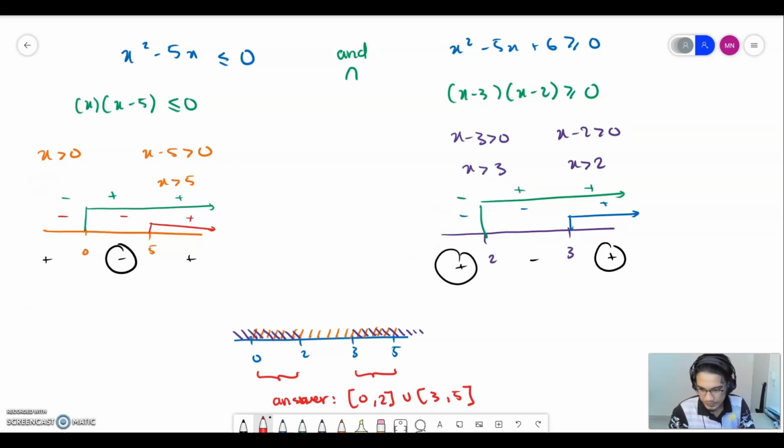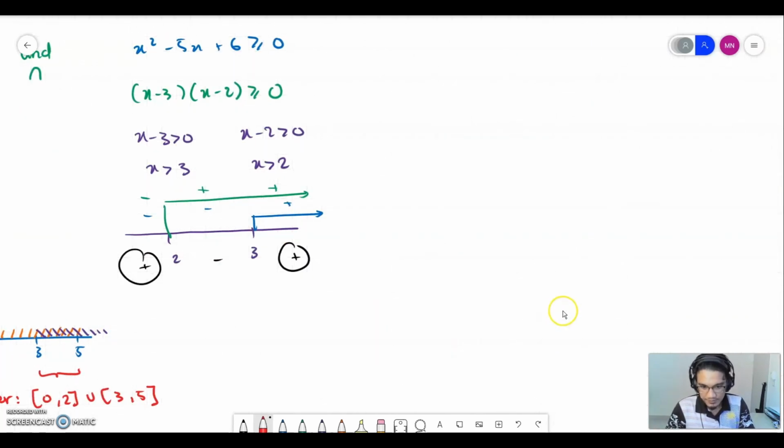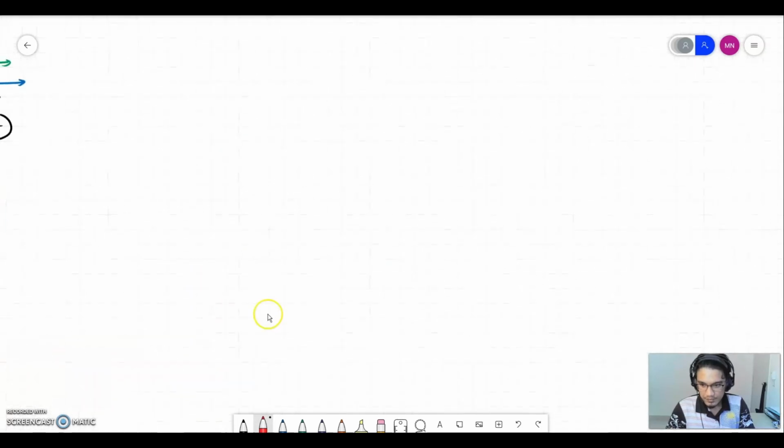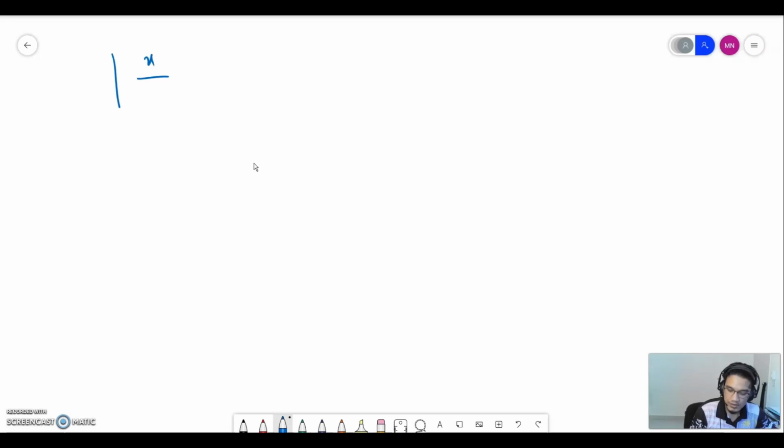Okay, so now let's look at a modulus inequality that involves a rational expression, that is |x/(x + 4)| < 2.